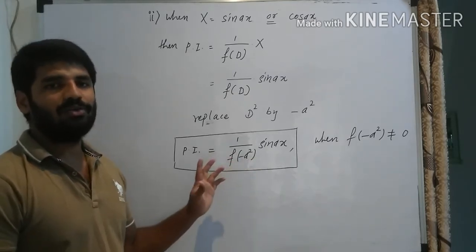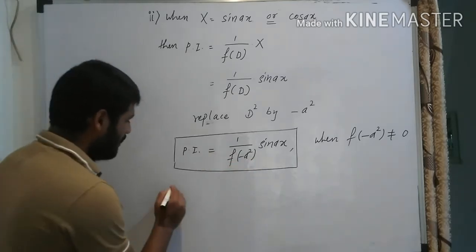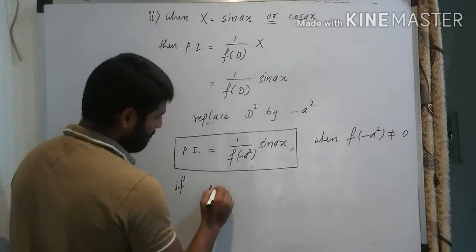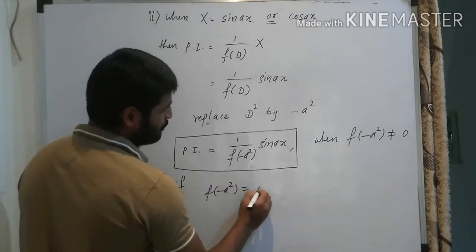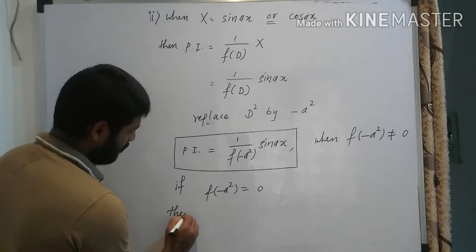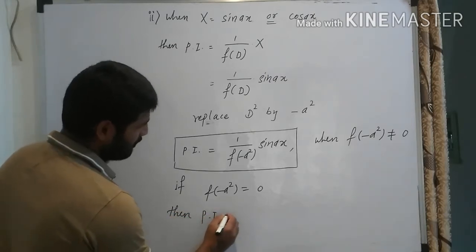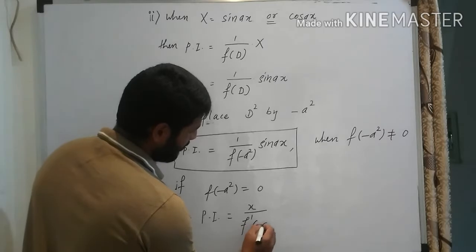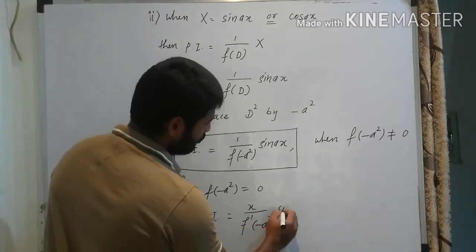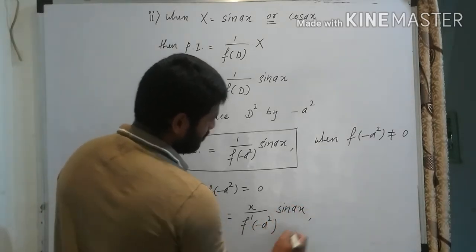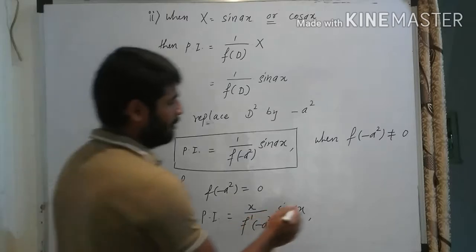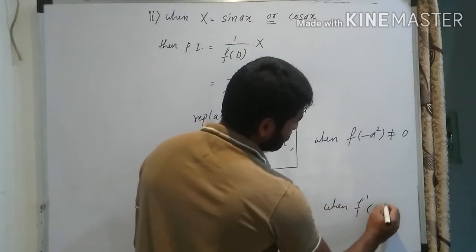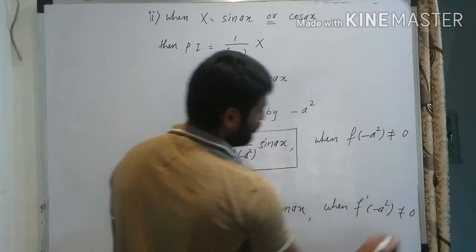So if f of minus a square is equal to 0, then the particular integral is equal to x upon f dash of minus a square into sin ax. But this is possible only when f dash of minus a square is not equal to 0.